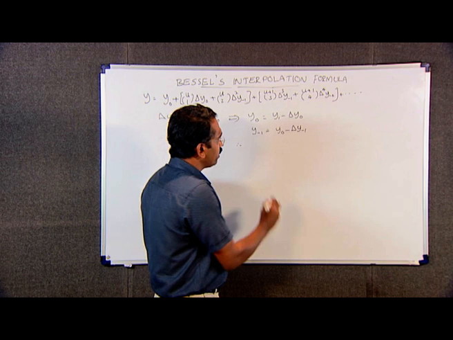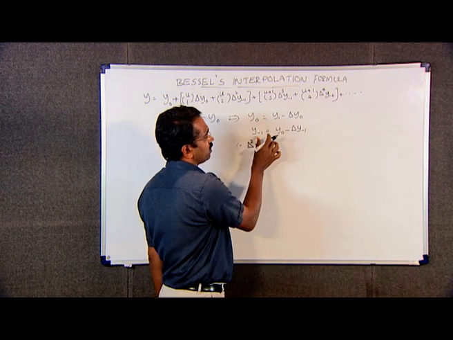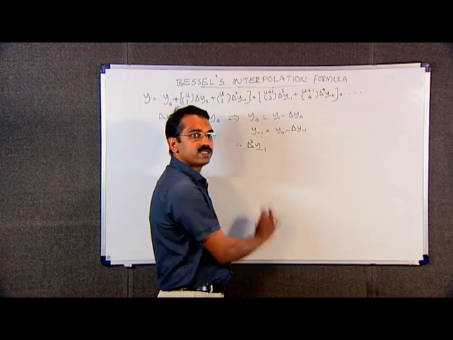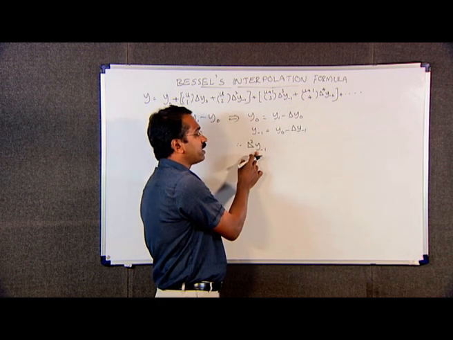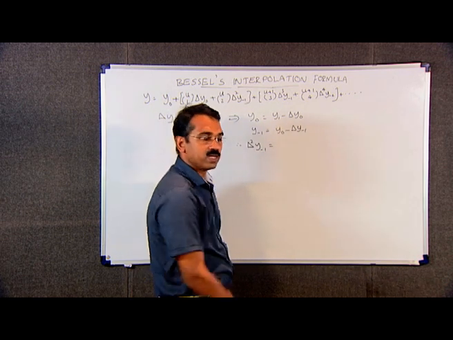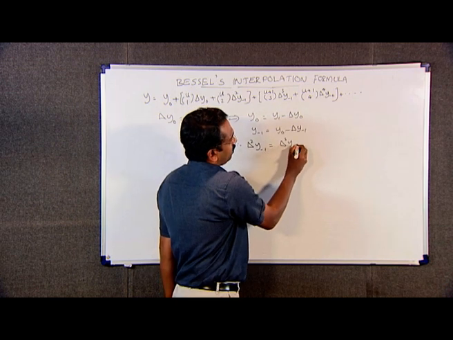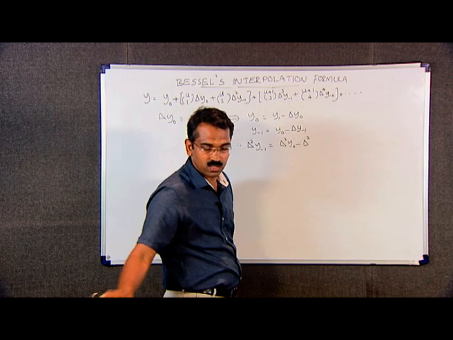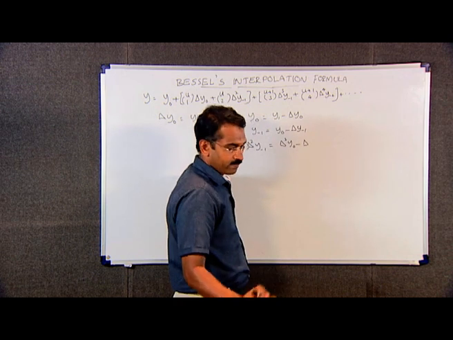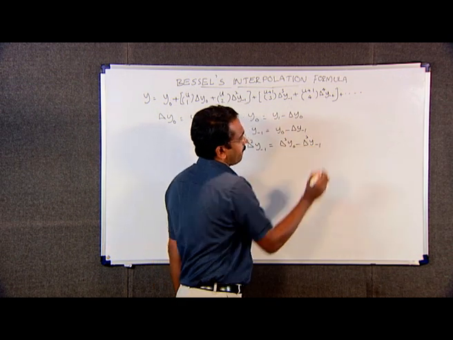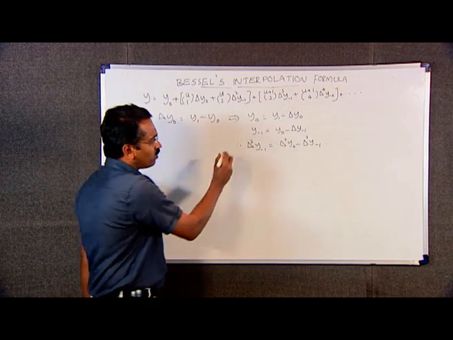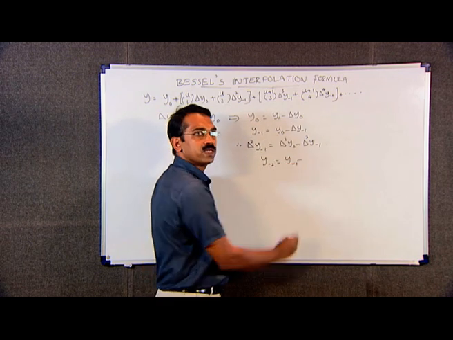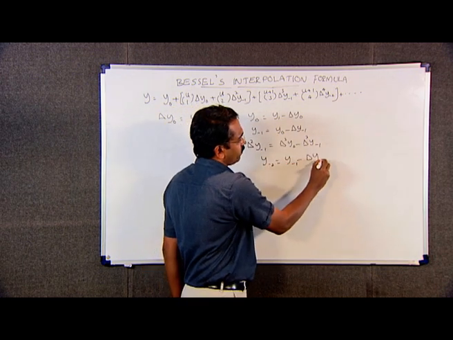Therefore, delta square y minus 1 can be written as, operating both sides of this expression by delta square, delta square y minus 1 is equal to delta square y0 minus delta square of delta y minus 1, which means delta cube y minus 1. Also, y minus 2 can be written as y minus 1 minus delta y minus 2.